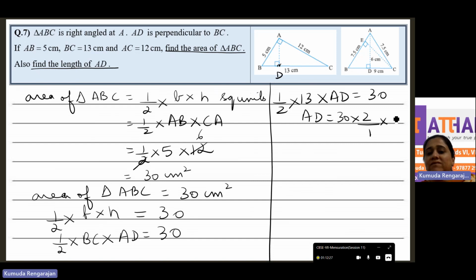And 13 by 1 will become 1 by 13. Now we cannot simplify, right? So 13 twos are 60 by 13, and as a mixed fraction 4 and 8 by 13. What centimeter?